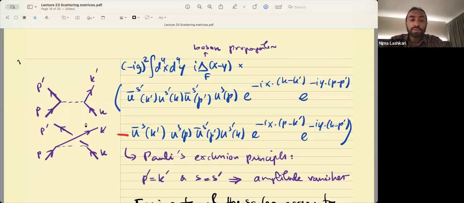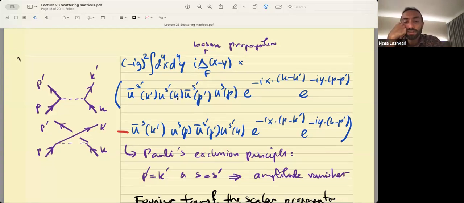Okay, so in the second term, you see that there is still the propagator. That part is unchanged. The spinors u_s p and u_s' k are unchanged, but the outgoing particles are swapped, the p prime and k prime. That's all I've done. All right, you have to sum these two terms.